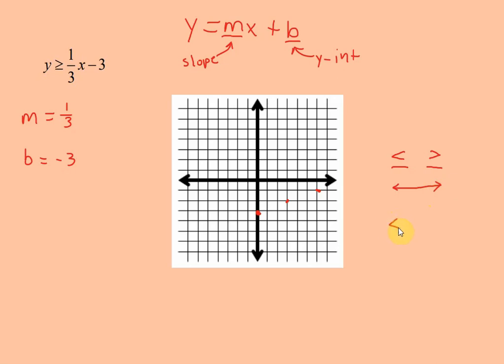If we just have less than or just greater than, then we're going to have a dashed line for our graph. And the way that I remember this is if we have that line underneath our inequality, that just reminds me that it's a solid line on my graph. So in this case, we have greater than or equal to, we have that line underneath our inequality symbol, so we're going to have a solid line on our graph.